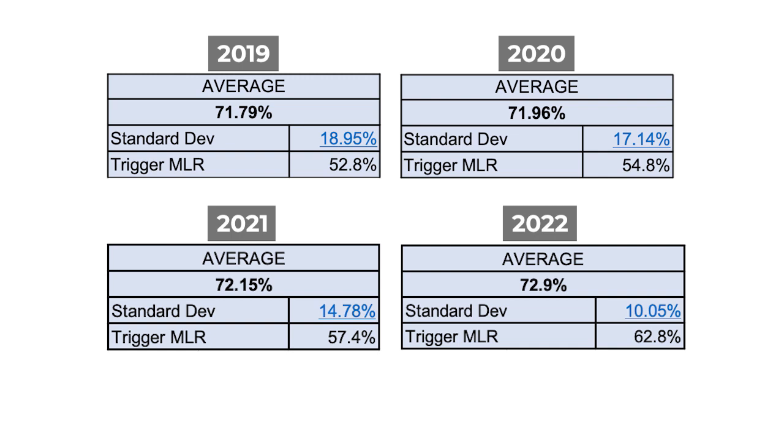So in this first scenario, you could see that the average rose to 72.9%. Importantly, the standard deviation, which is very important for this model, shrank to 10%. So going from 19 to 10, and then that results in the trigger MLR rising. So those were a lot of numbers, but the basic gist of this is that there will be a rising tide for the plans that are operating.